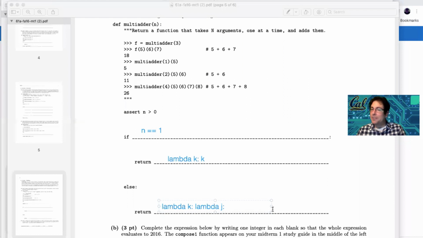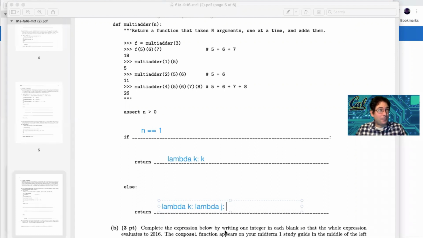So that's how we got to this structure: I need to be able to look at 2 things at once in order to add them. And I know if n is not 1, I'm going to have to take in at least 2 arguments in sequence. So that's how we got the lambda k, lambda j structure. If we were just passing in 5, 6, then we would have written that, and life would have been a little simpler, but we didn't write that.